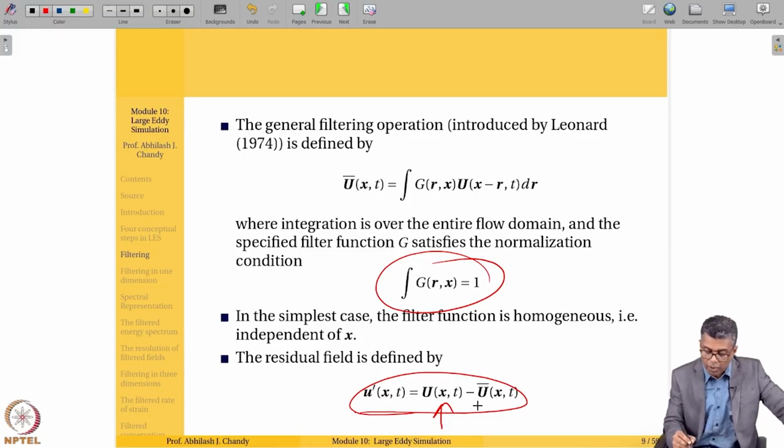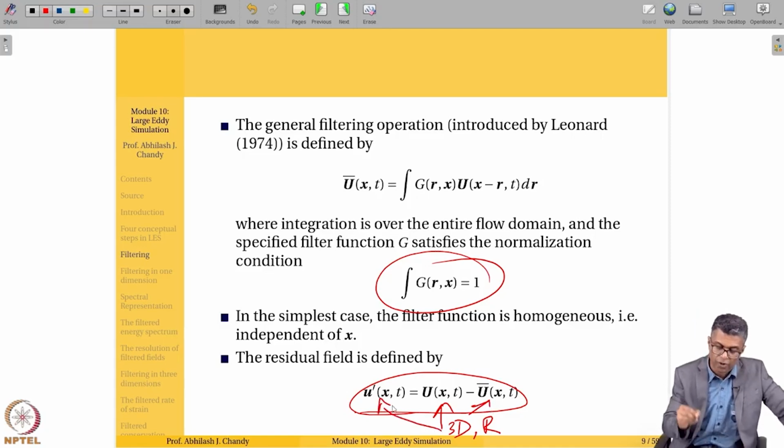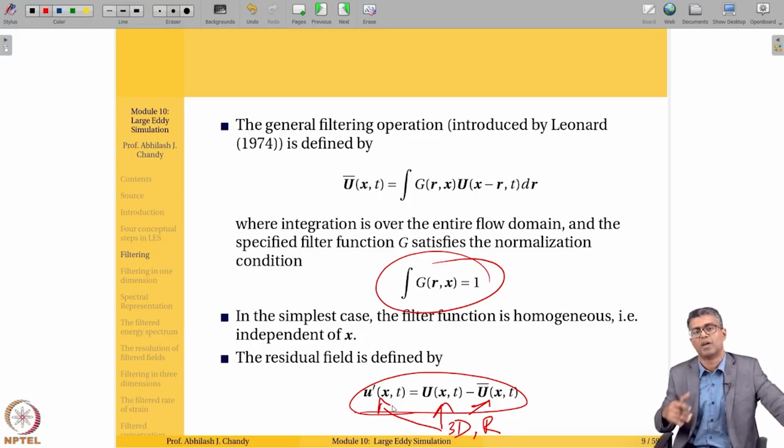So is your U bar, your filtered velocity field, and so is your residual field. I should not use the word fluctuation because that was used for Reynolds decomposition. So the residual field is also 3D and random. All these three variables are 3D and random.